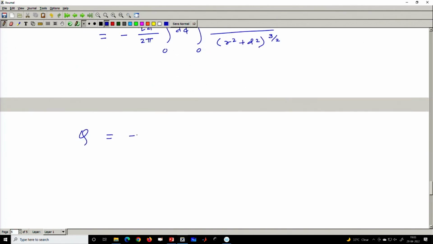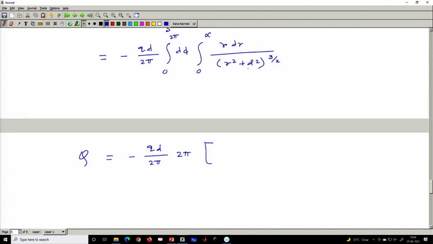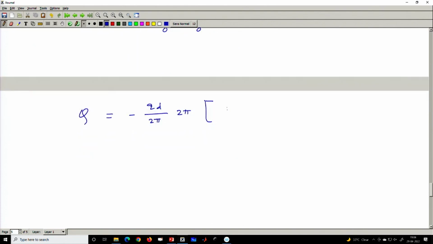I have minus q d divided by 2 pi, and then another 2 pi from integrating d phi. If you take r square plus d square to be x, then 2 r dr will be there, and you find the value of this integration is minus 1 divided by r square plus d square whole to the power half, with the limit 0 to infinity.